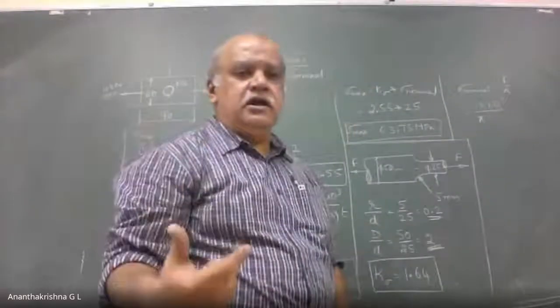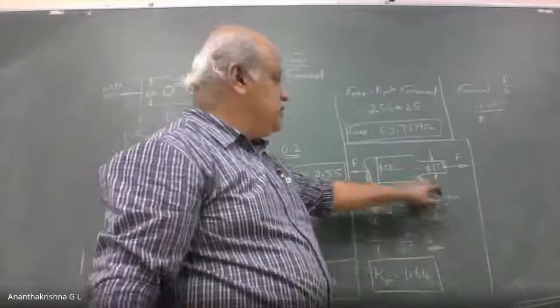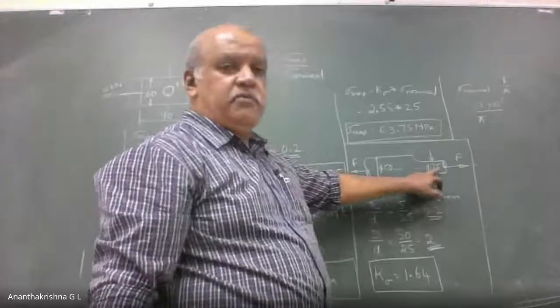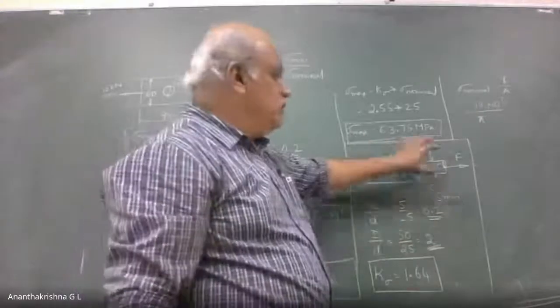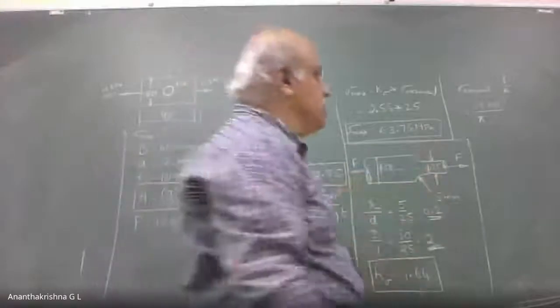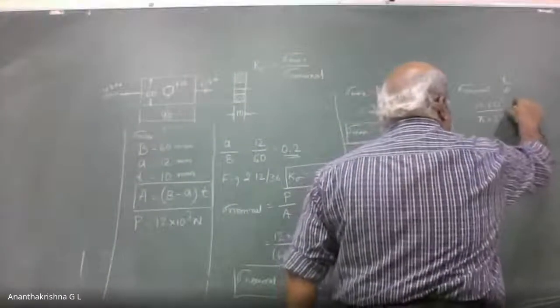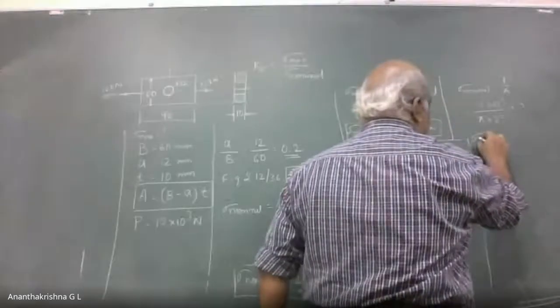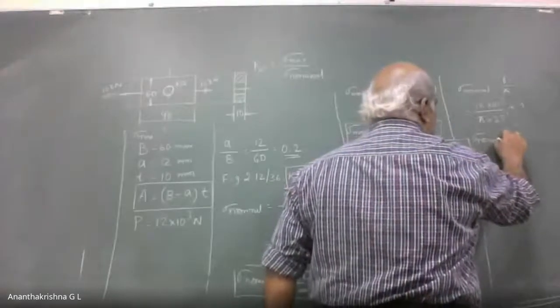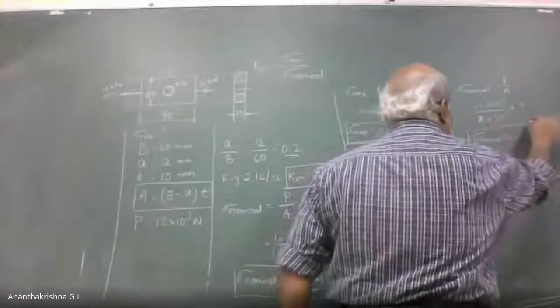In the data handbook, he has given you the small d there, that is 25 mm. For a safer design, we need to use the smaller diameter only, not the bigger diameter. Pi into 25 square divided by 4 will give you sigma nominal equal to how much? 24.45 megapascal.